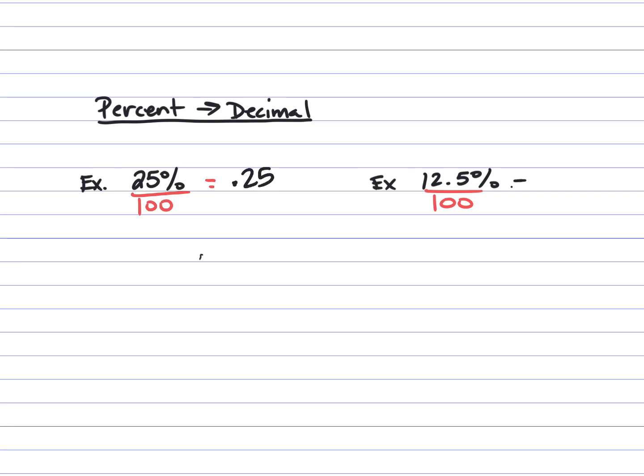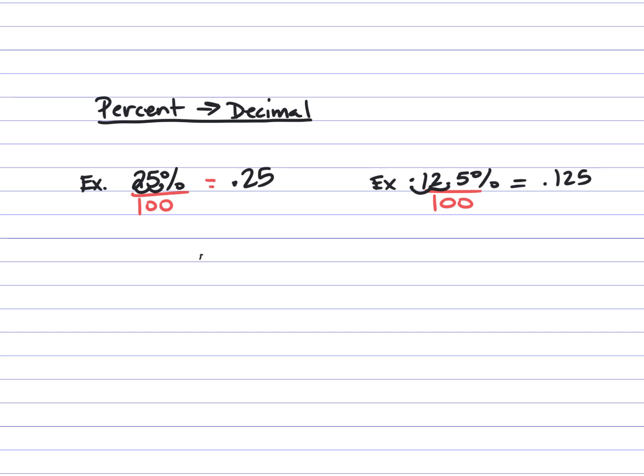And 12.5 divided by 100 is 0.125. And so you may notice that all that happens when you divide by 100 is the decimal moves to the left. Okay, so we've got our decimals now. Let's finish up.